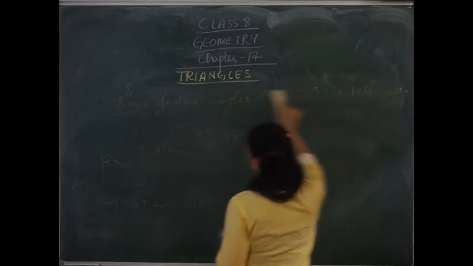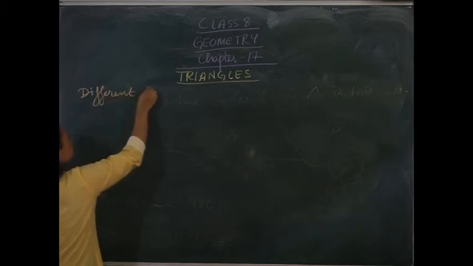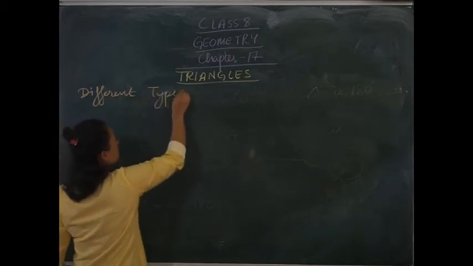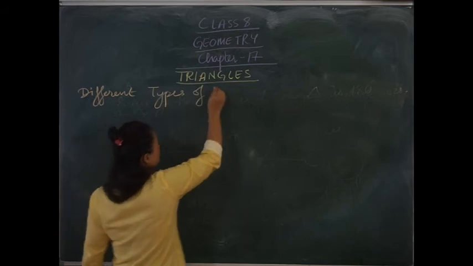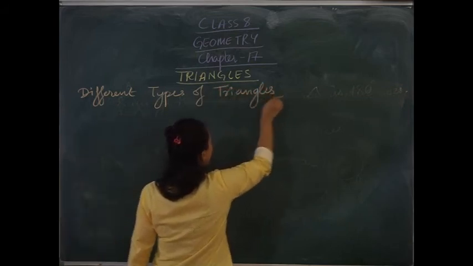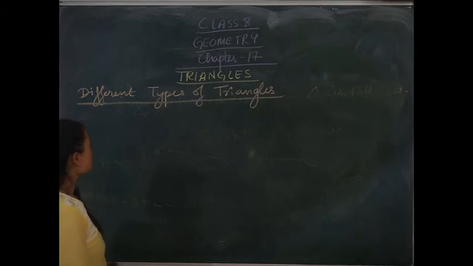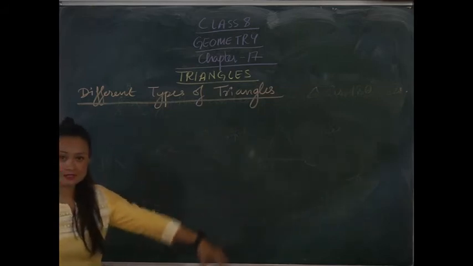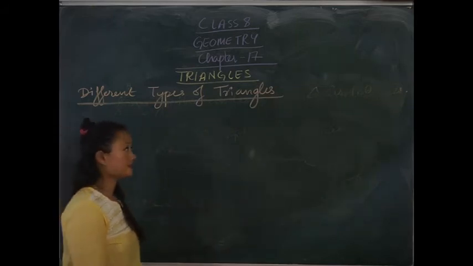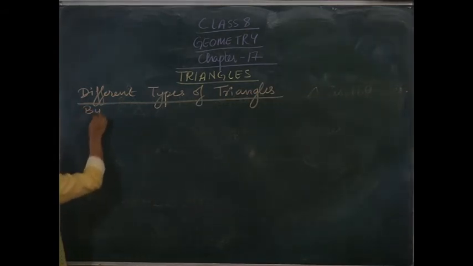Next, we will be discussing the different types of triangles classified on the basis of sides and on the basis of angles. So first, by sides.